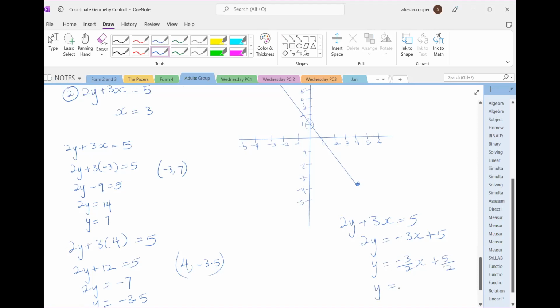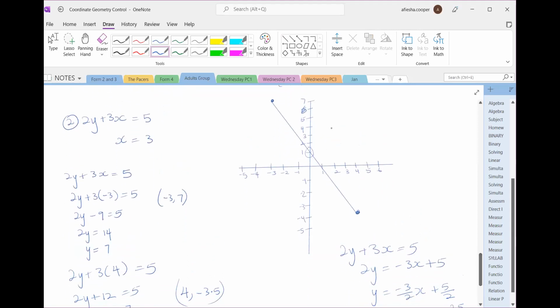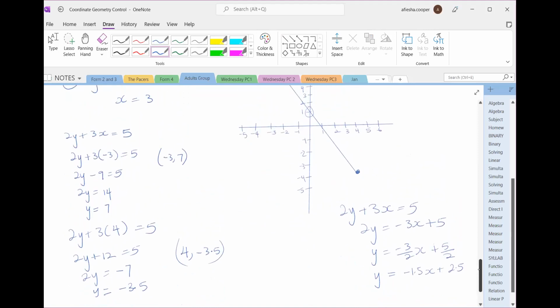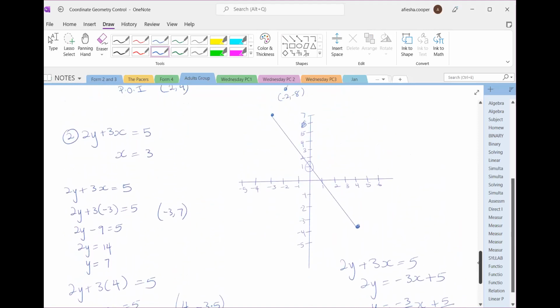Y is equal to -1.5x plus 2.5. It's actually 2.5. So this is a bad sketch, and the y-intercept should actually be somewhere here, but remember, it's not drawn to scale. So we have our first line.